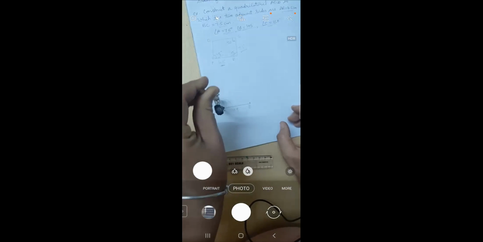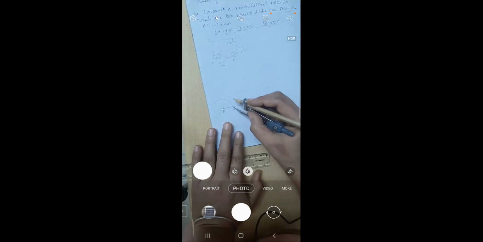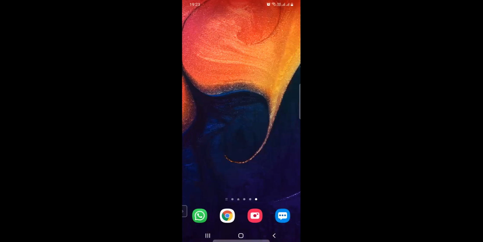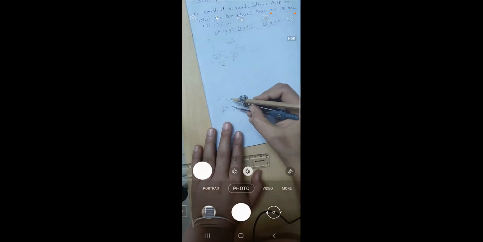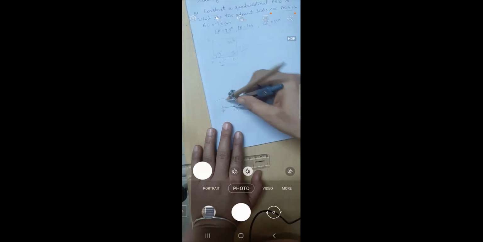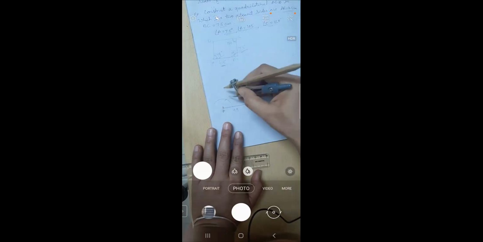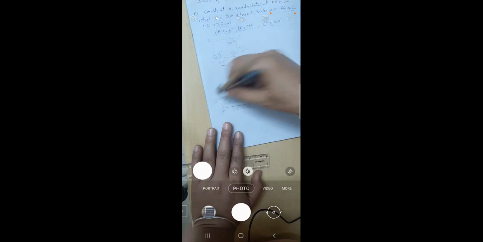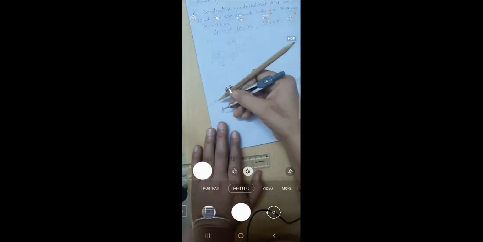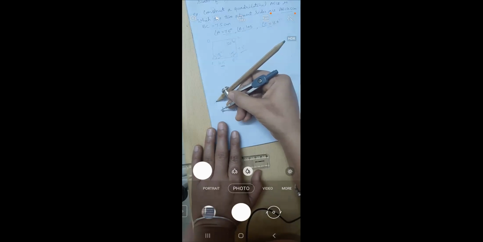Now from this point, draw the first arc and the second arc. The first arc is 60 degree, the second arc is 120 degree.